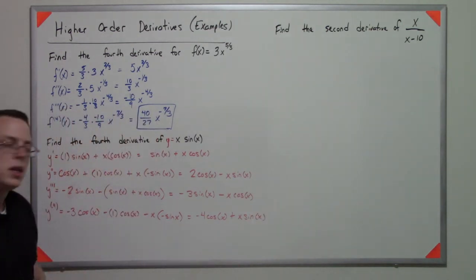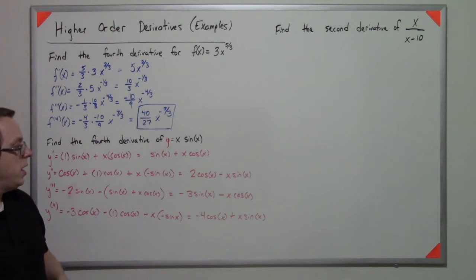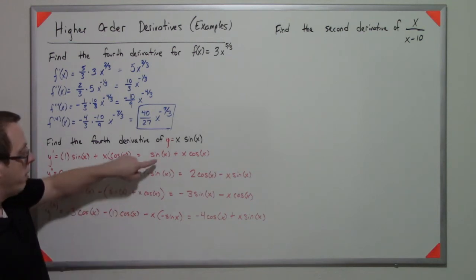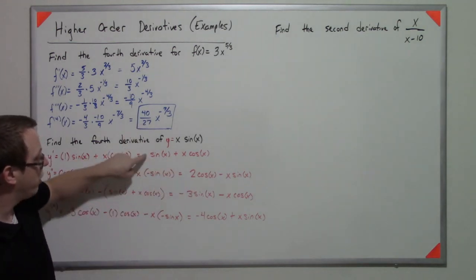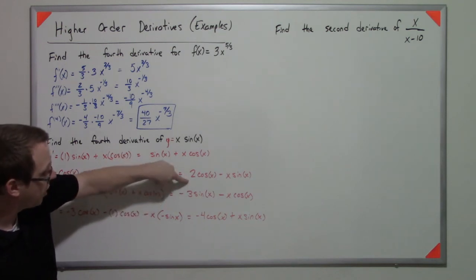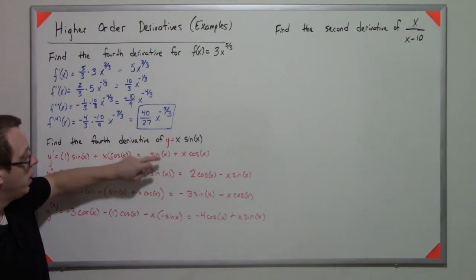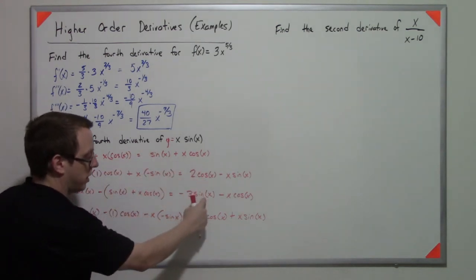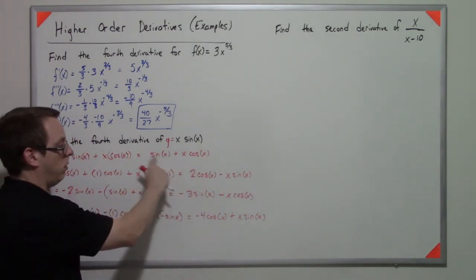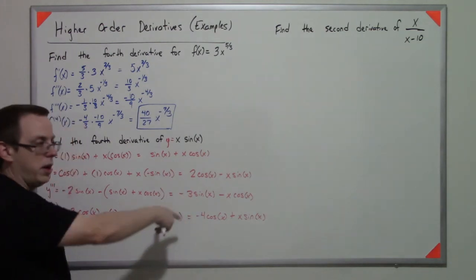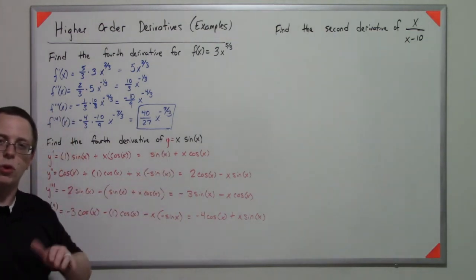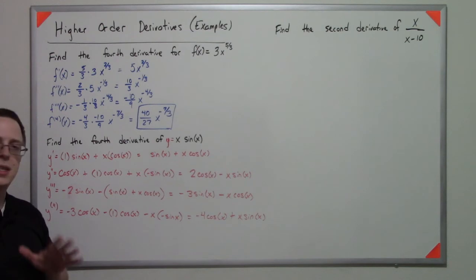So do you notice anything here, by the way? Notice that at each derivative you have a sine or a cosine. So you have 1 sine x, 2 cosine x, negative 3 sine x, negative 4 cosine x. So it's going sine, cosine, and then 1, 2, 3, 4, and then the negatives are coming, and you'll see they will alternate as time goes on.